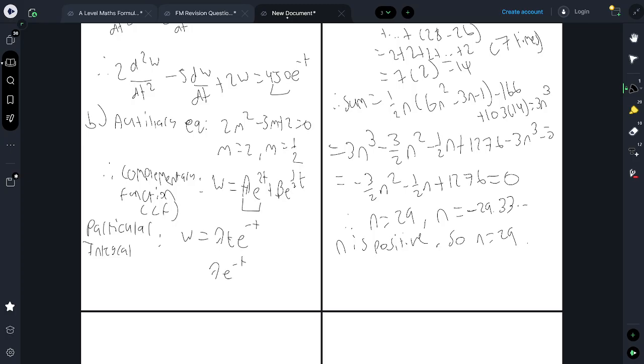But our complementary function has a term that looks exactly like this, right?